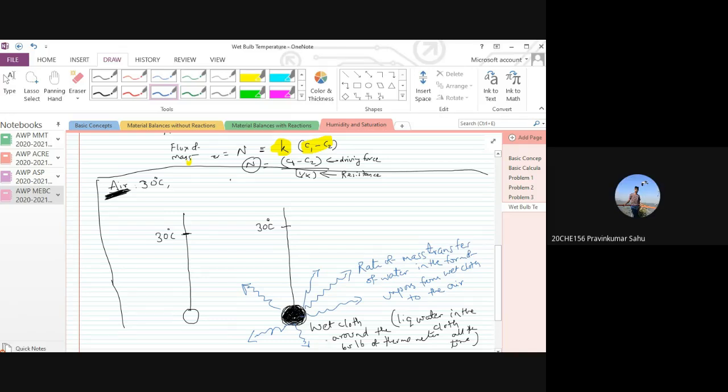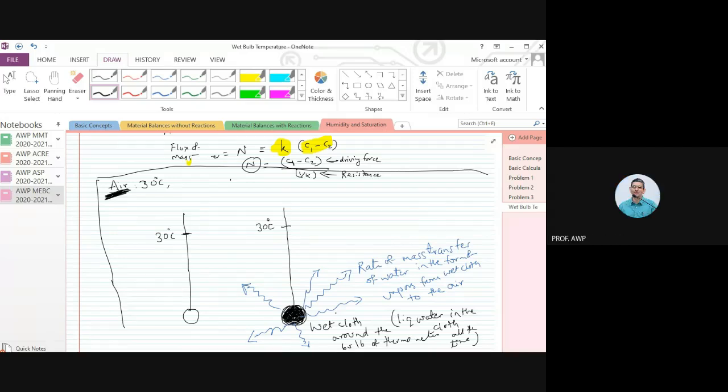Yes, sir. If there is a transfer of water in the form of water vapor, that means some of the liquid water must vaporize. Yes or no? Yes, sir. If some of the water has to vaporize, would it not require heat? Would it not require energy? Yes, sir, it will require.